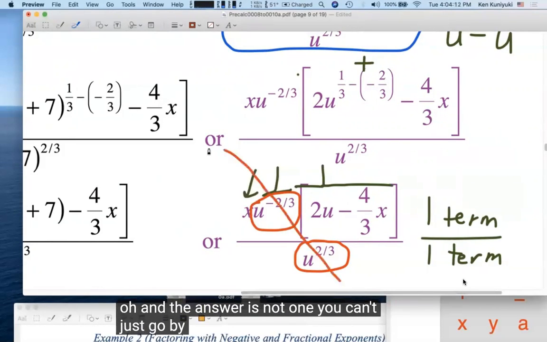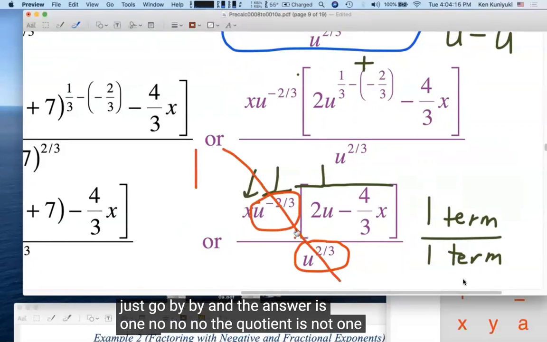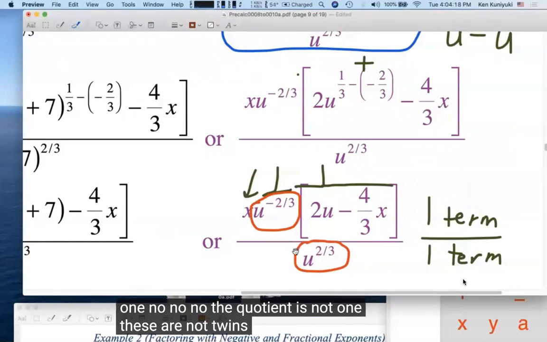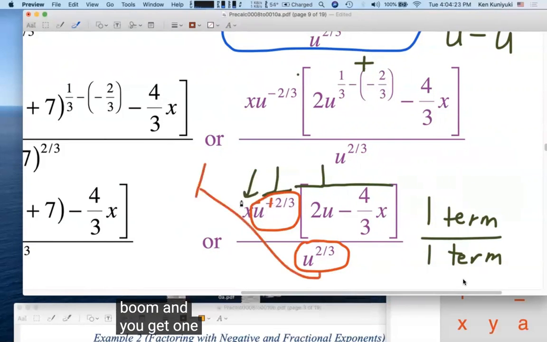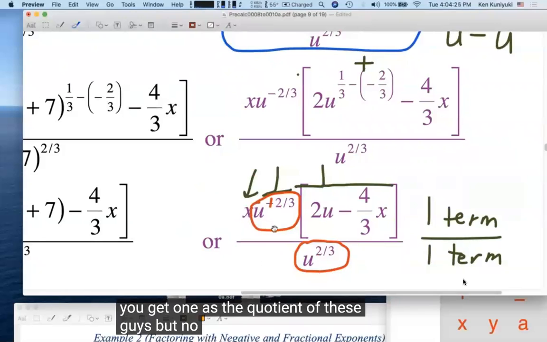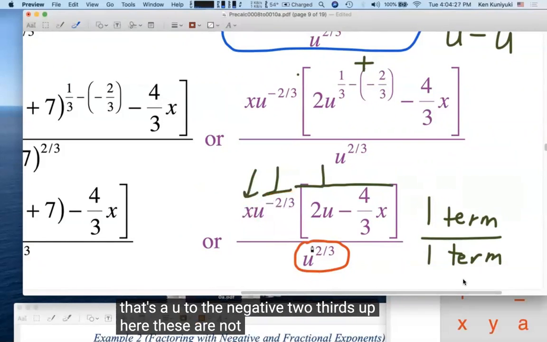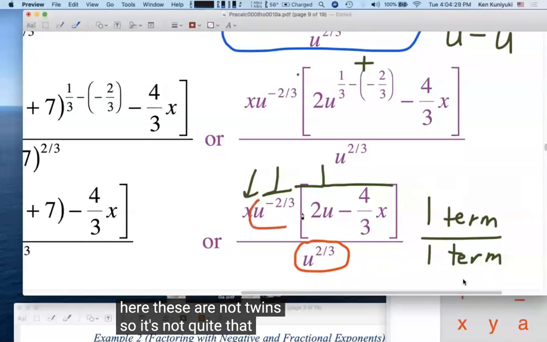You can't just go bye-bye and the answer is 1. No, no, no. The quotient is not 1. These are not twins. Now, if we had a u to the positive 2/3 up here, yeah, you could just go boom and you get 1 as the quotient of these guys. But no, that's a u to the negative 2/3 up here. These are not twins. So it's not quite that easy.